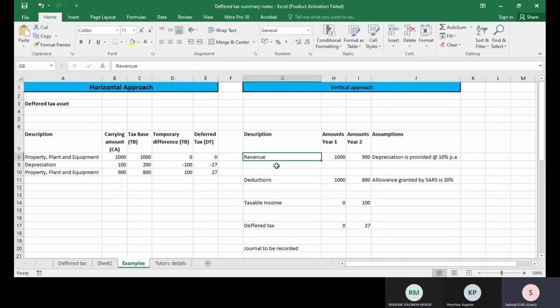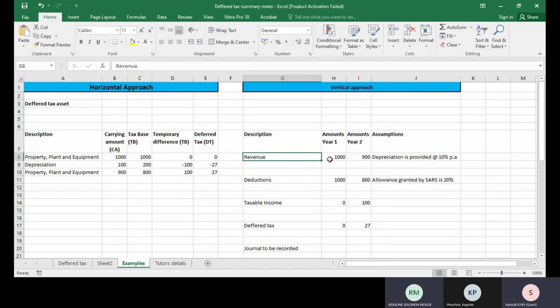Okay, that's fine. I'm asking you a question. This property, plant, and equipment we bought for 1,000, we are depreciating it for 10 years. This 1,000 represents revenue you're going to generate from using this plant for 10 years. You agree with me?